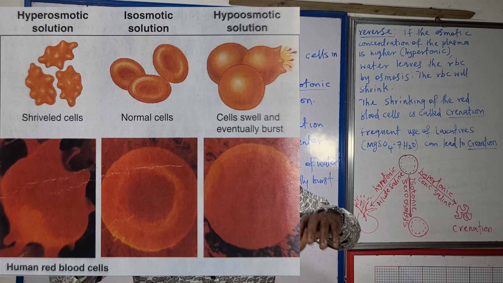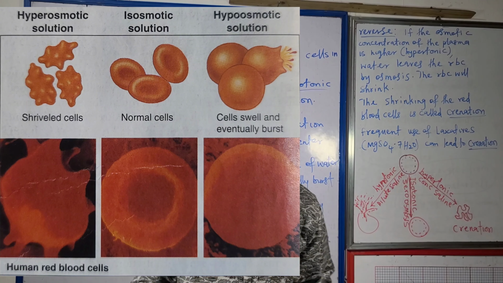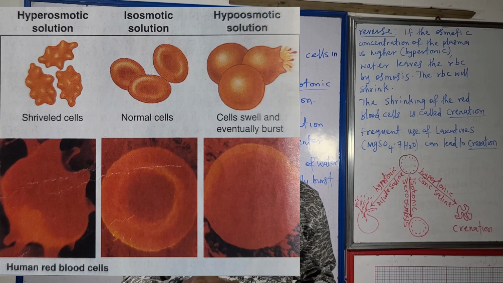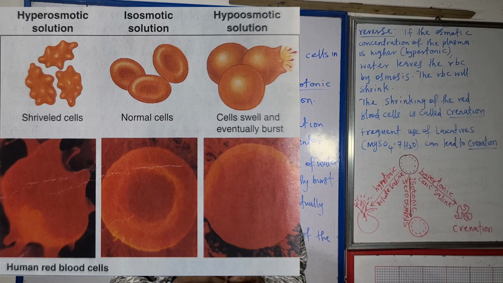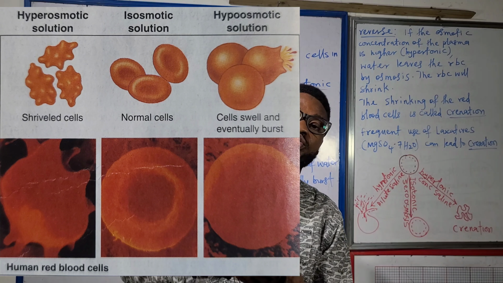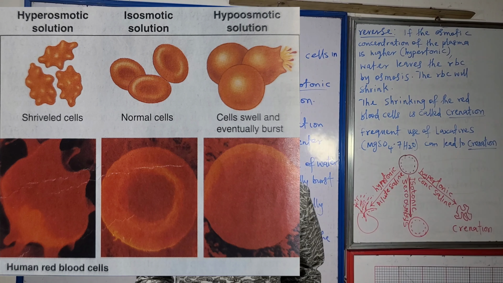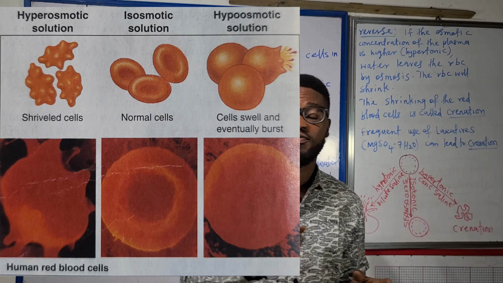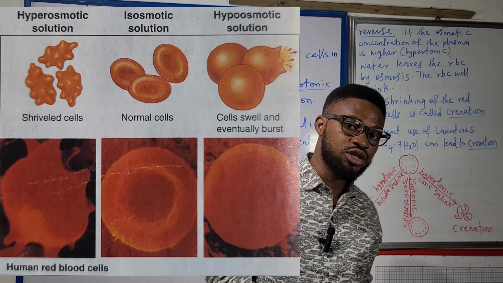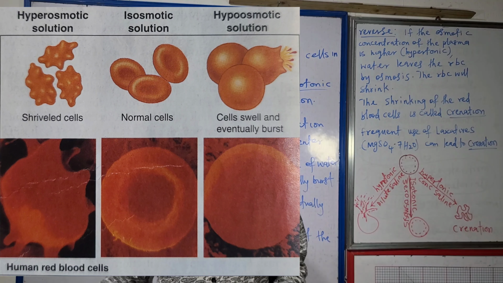But you see, when a red blood cell or an animal cell is left to stand in a hypotonic solution, that's in a solution with low osmotic pressure, or what we call hypoosmotic solution. Recall that osmosis is movement of water from a hypotonic solution to hypertonic solution.